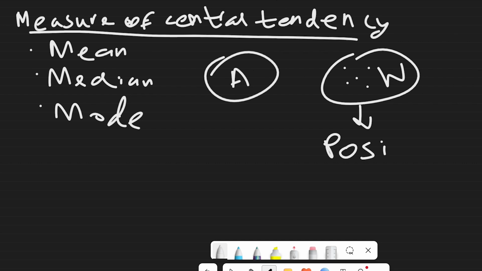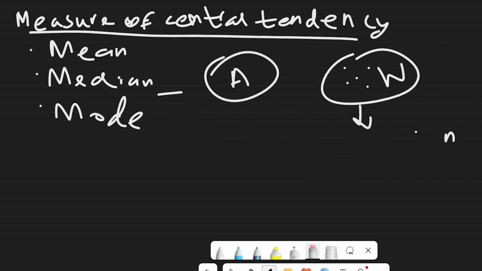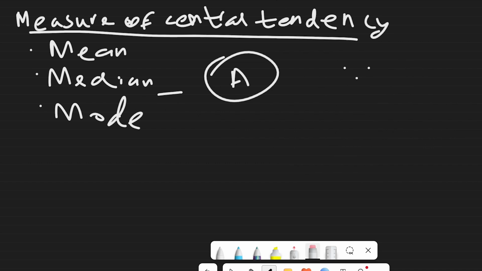So position matters over here, and position matters in the median. In that case, in that data, the median is the measure of central tendency, or the representative of the data. So that is the measure of central tendency.